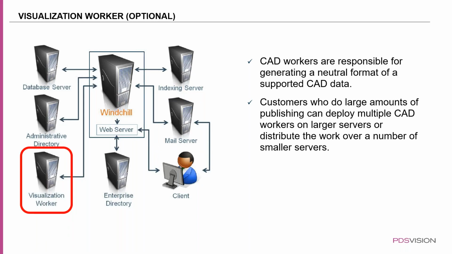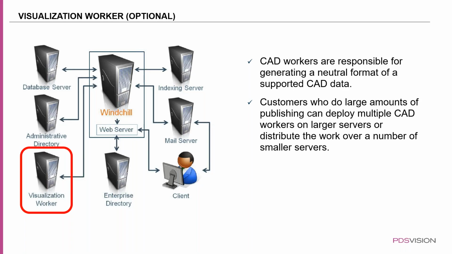And the last component on the list here is the visualization worker. This basically generates a lightweight version of any CAD model that can be opened by non-CAD users. So if we are viewers, we don't necessarily need Creo Parametric, for an example, to open up the models.